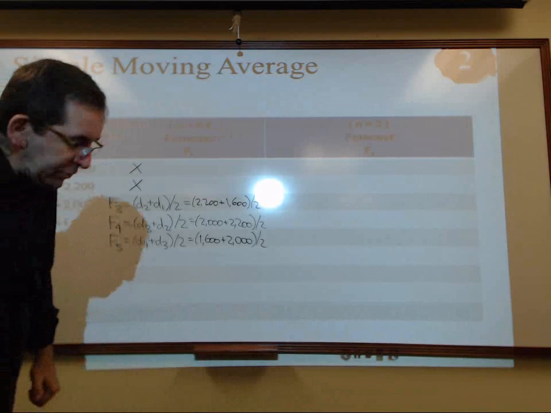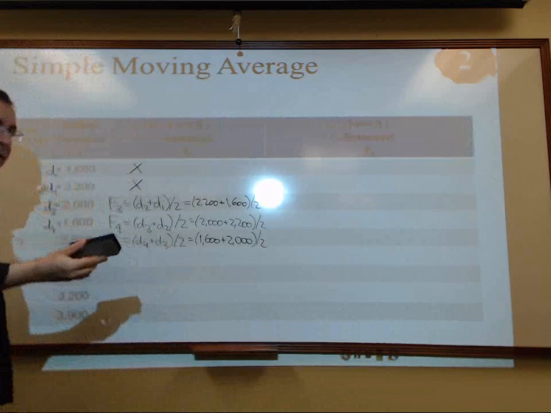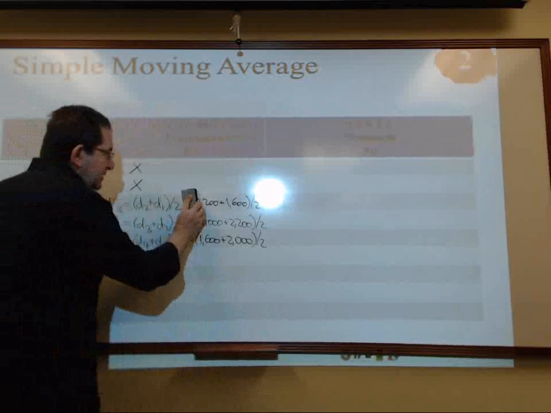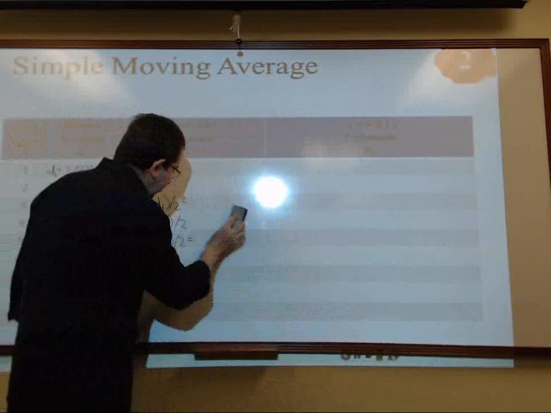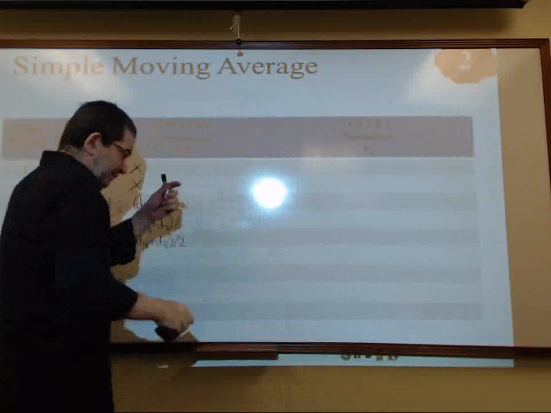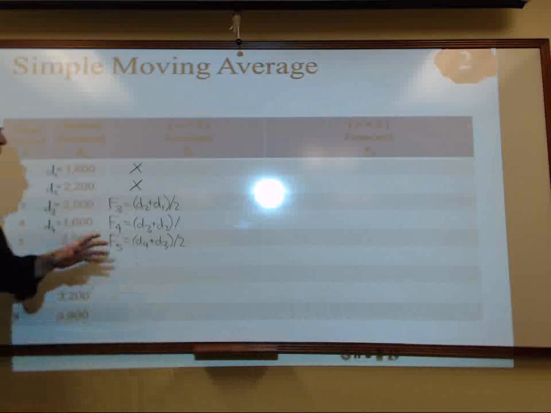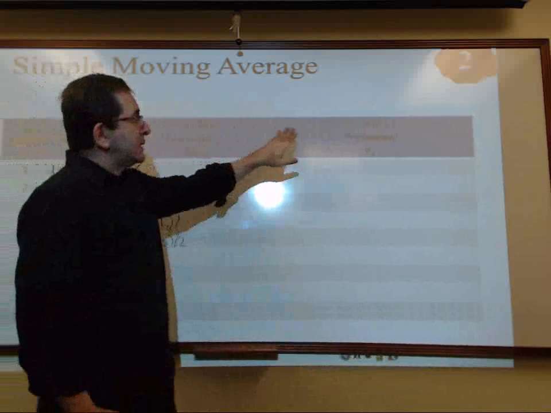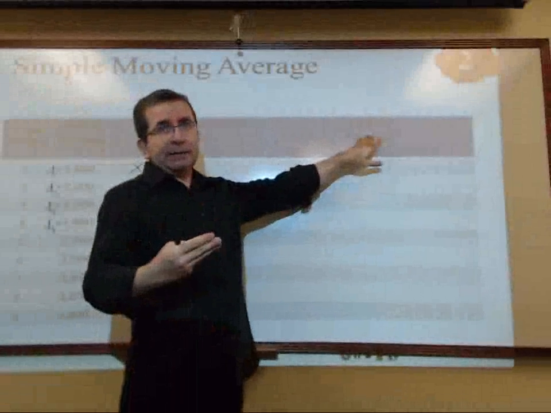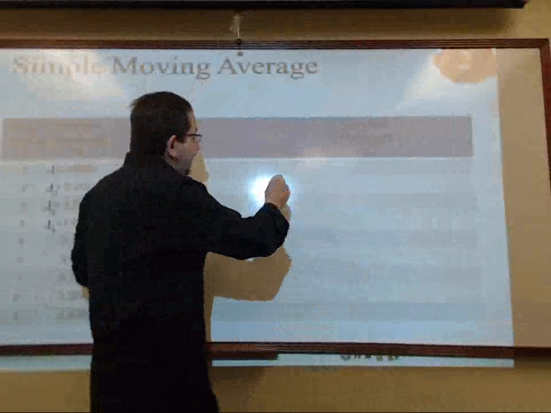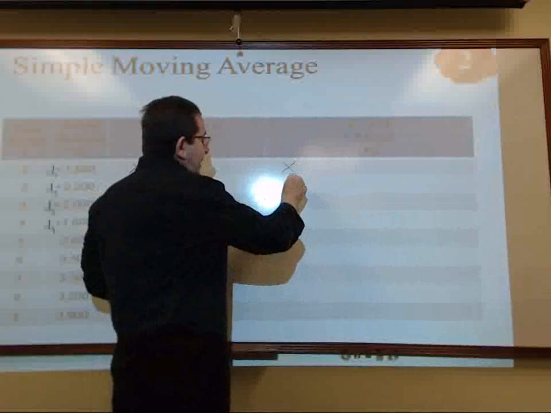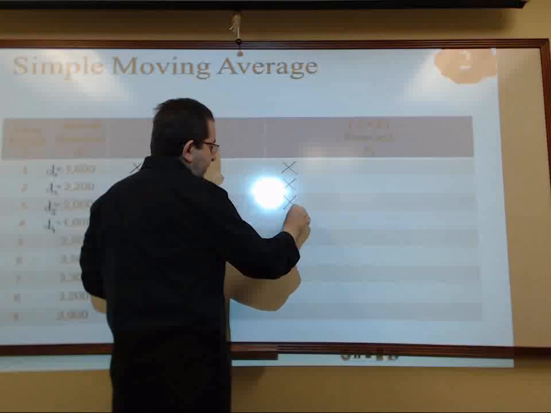Now let me show you how to do this with 3 periods and it's basically the same. Okay, so I'm just going to erase this to give myself some more space. So instead of 2 periods, I'm going to need 3 periods. Okay, so that means I cannot forecast for the first 3 periods.